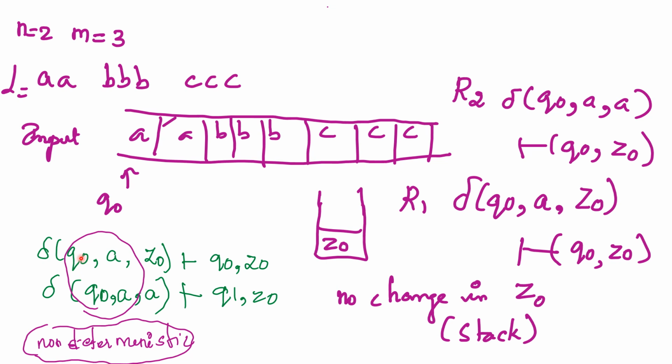So for q0, a, we get q0, and for the same input we get another transition, q1. We can't predict whether it reaches q0 or q1. So this is a non-deterministic pushdown automata.